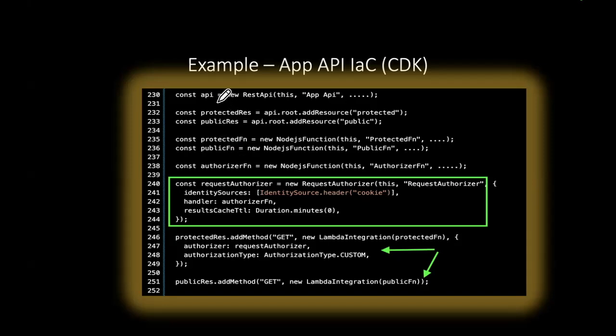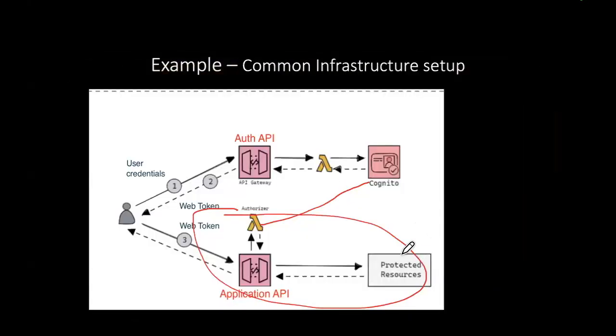So I'm showing you excerpts from the CDK stack here. Okay, I'm creating a REST API, nothing new there. Creating two lambdas. I've just arbitrarily decided that there are two lambdas over here. One of them is a public one, one of them is a protected one.